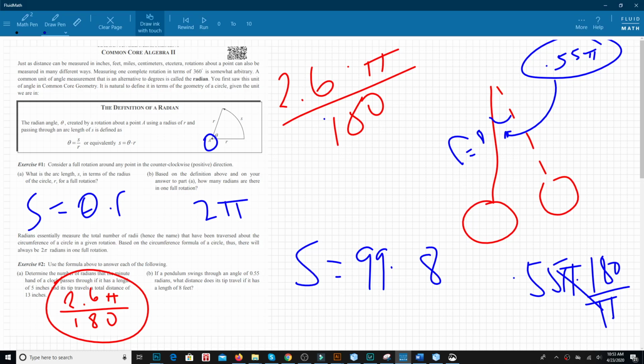This is 89 times 8, 792. Yep, that's the total arc length that was covered by this.